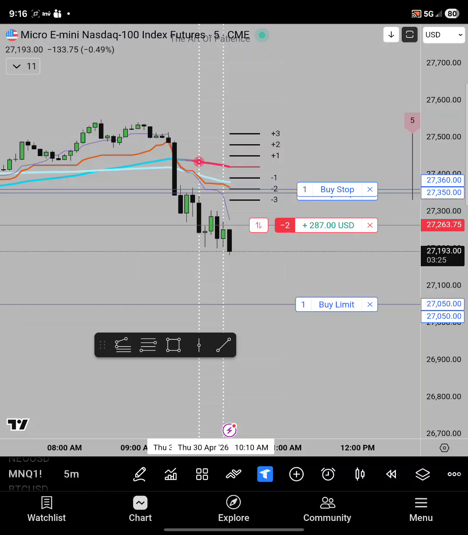Okay, so it won't be visible in this chart. Let me see if I can. For some reason, it doesn't show, to see what I was doing. Okay, so I placed a circle there.